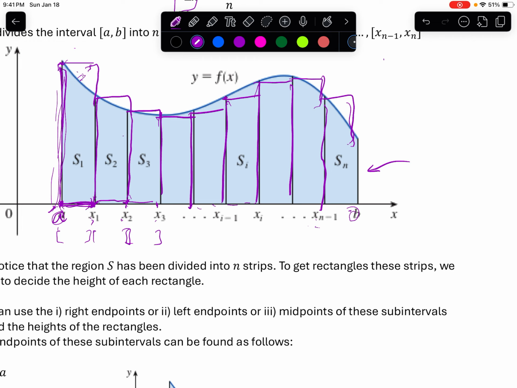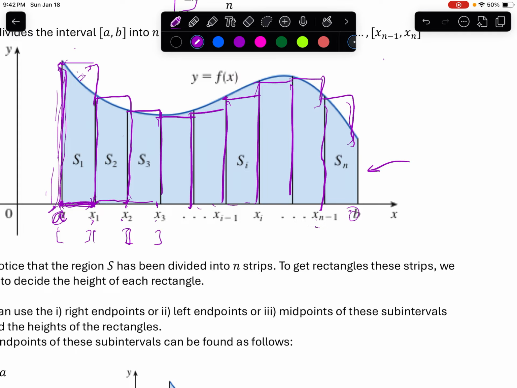Yes, we could do that as well, but that's more haphazard, unless for some special reason someone told us that for the first subinterval, pick such and such a point, and so on. But if it's not given, we use either the left or the right or the midpoints. Okay.